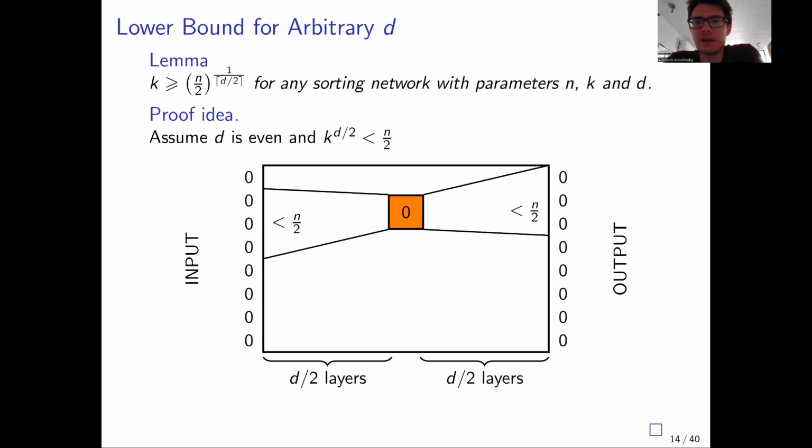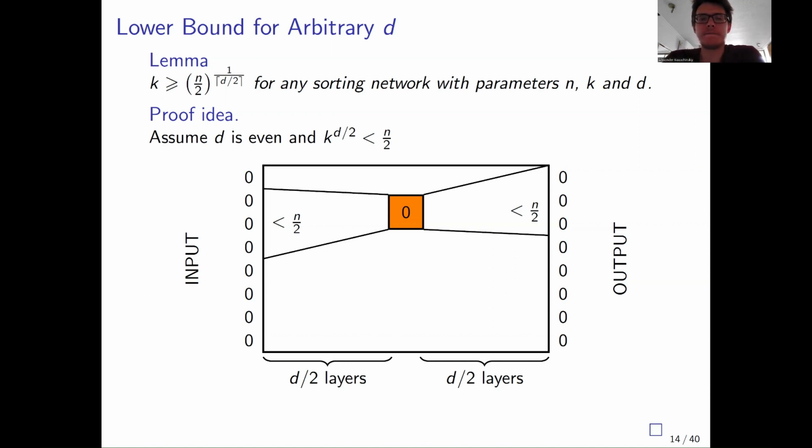Namely, these are cells from the corresponding k tuple. And if we go backwards for d over 2 layers, then we will have at most k to the d over 2 cells on which our orange cell may depend. And by our assumption, this number is smaller than n over 2.